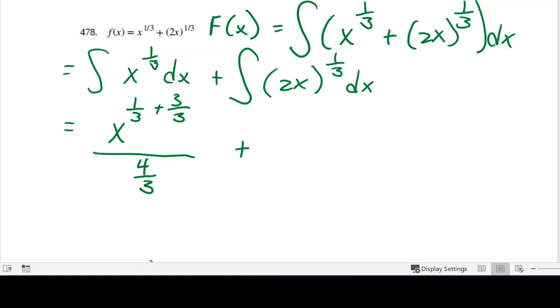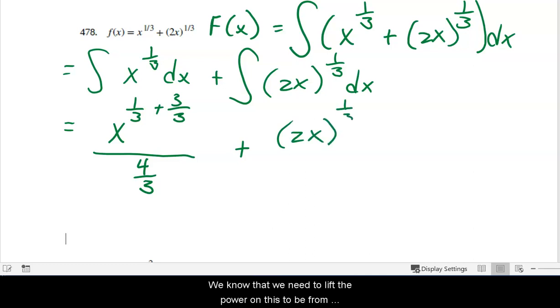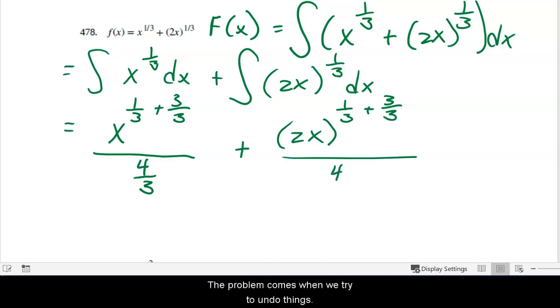We know that we need to lift the power on this to be from 1/3 to 1/3 plus 3/3, or 4/3. The problem comes when we try to undo things. If we are to take the derivative of this, we should get back to the original integrand function.